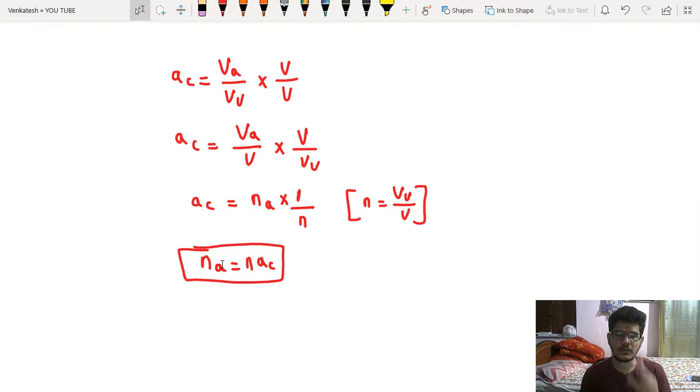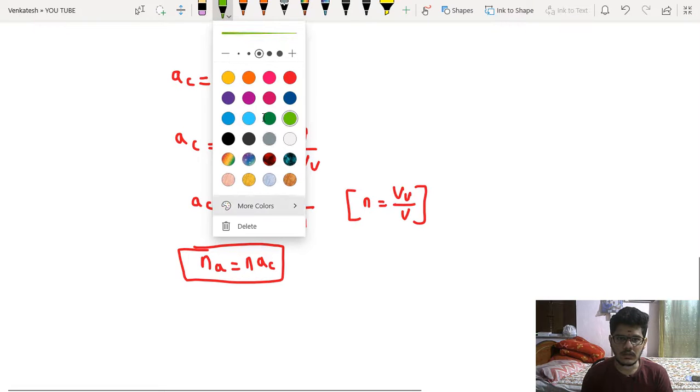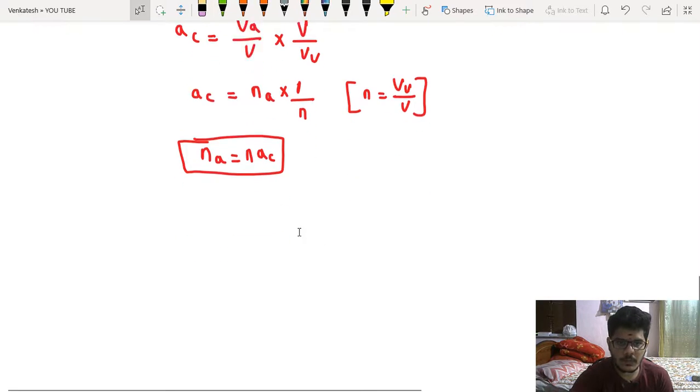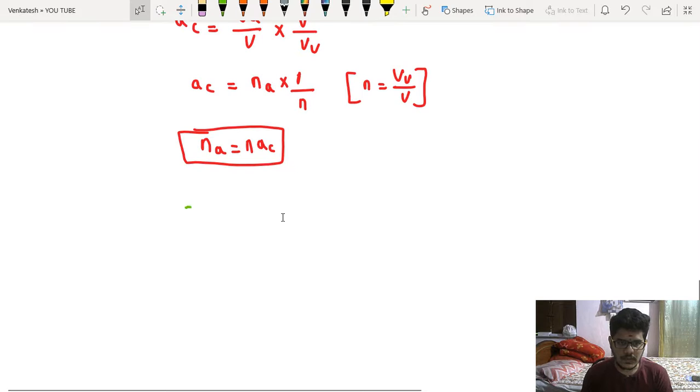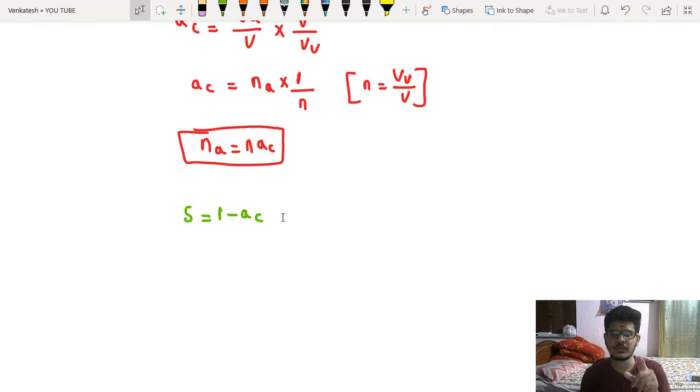So here two relationships we have derived. S is equal to 1 minus AC, which we have derived and also cross verified.